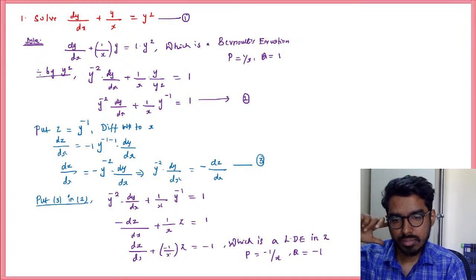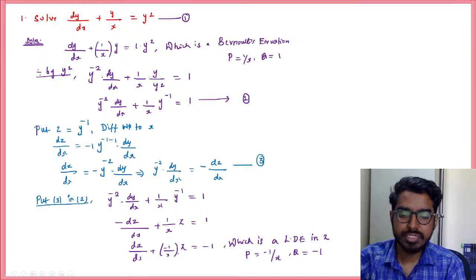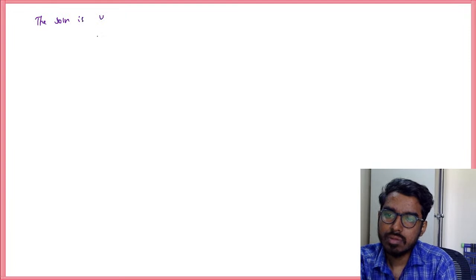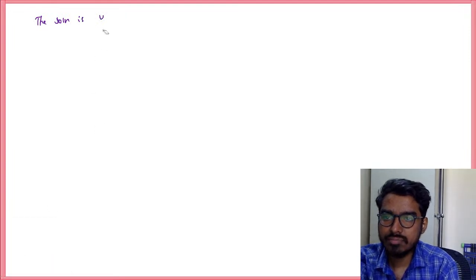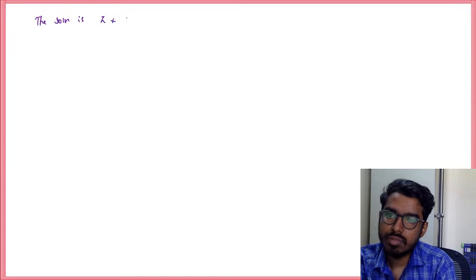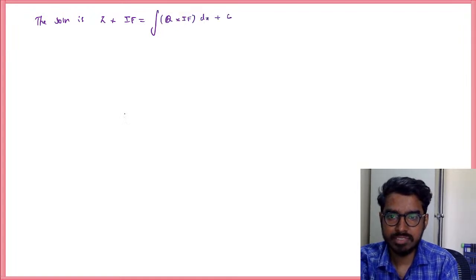So we have to solve this linear differential equation now, which is very easy. So we know the solution is z into integrating factor is integral of Q into integrating factor dx plus C, right?